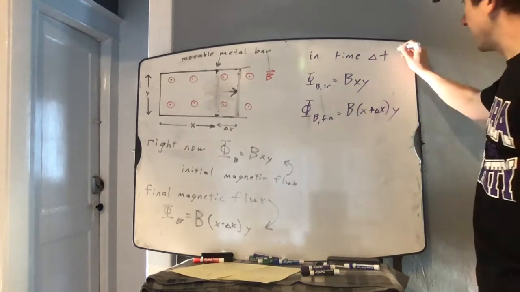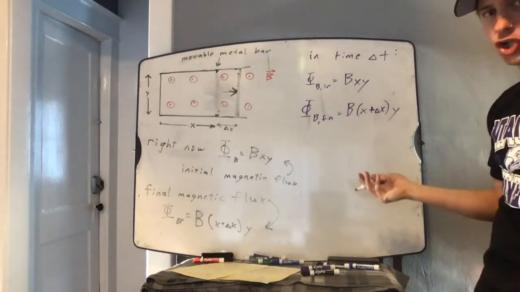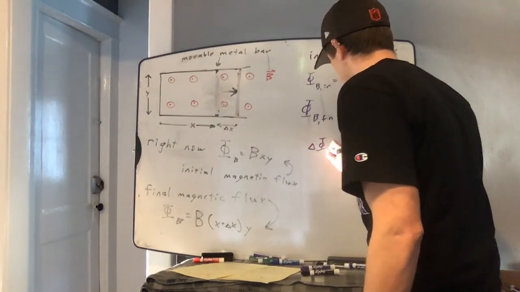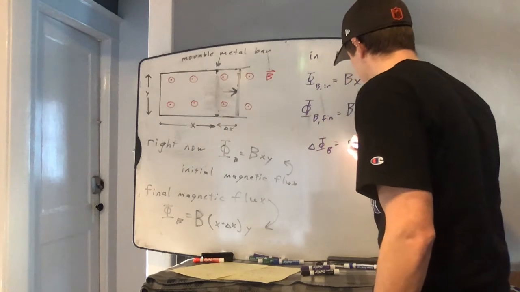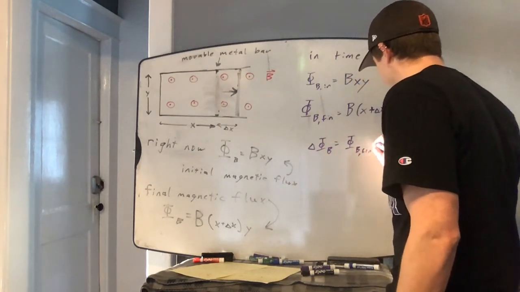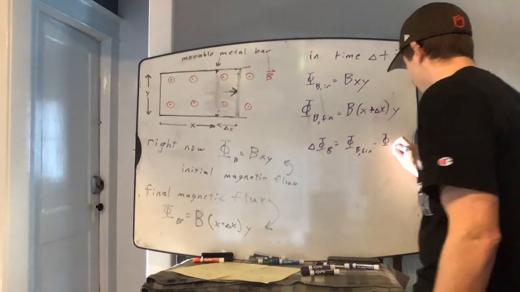So I could say that we had a change in magnetic flux. The change in magnetic flux is going to be the magnetic flux final minus the magnetic flux initial.